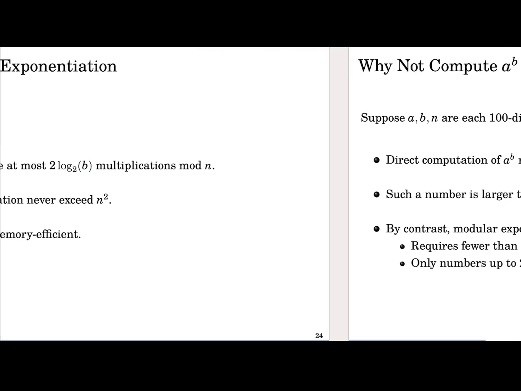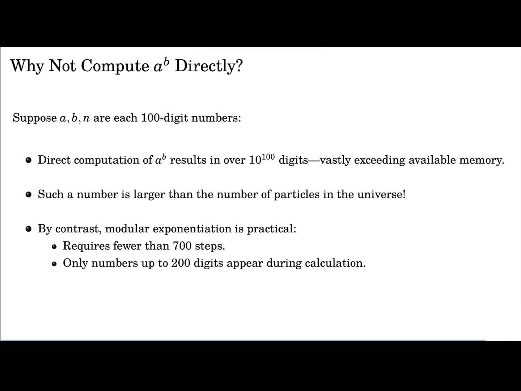As an example, let's say that you had numbers of size 100 digits, then a direct computation of this would result in a number with 10 to the 100 digits. And so this is a number that you're not able to store. This number is larger than the number of particles in the universe. If every particle in the universe was storing a digit, you wouldn't be able to store this number here.